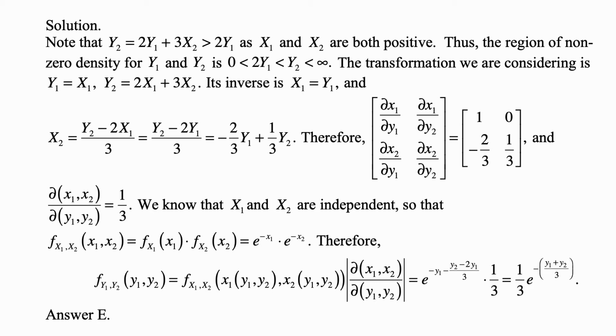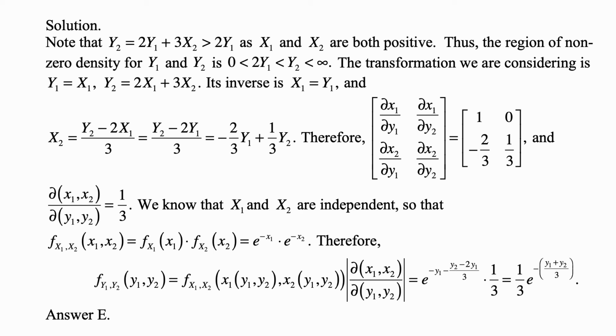Therefore, the Jacobian of the transformation, consisting of the partial derivative of x1 with respect to y1, the partial derivative of x1 with respect to y2, the partial derivative of x2 with respect to y1, and the partial derivative of x2 with respect to y2, is 1, 0, negative 2/3, 1/3. And the determinant of that Jacobian matrix is 1/3. And of course, the absolute value of that is 1/3 as well.